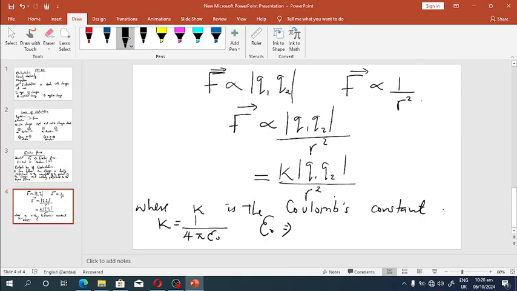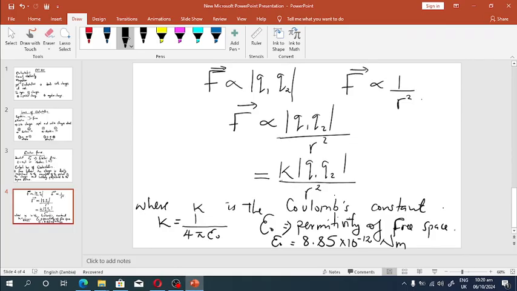So epsilon naught is what we are referring to as the permittivity of free space, and it is a value of 8.85 times 10 to the power negative 12 Newton meter squared per Coulomb squared.